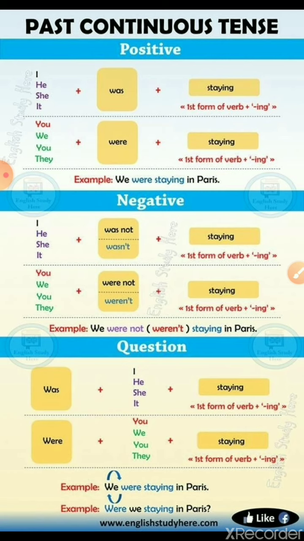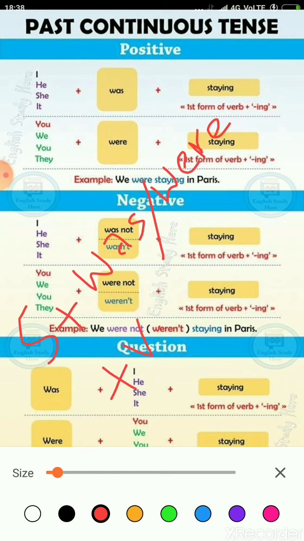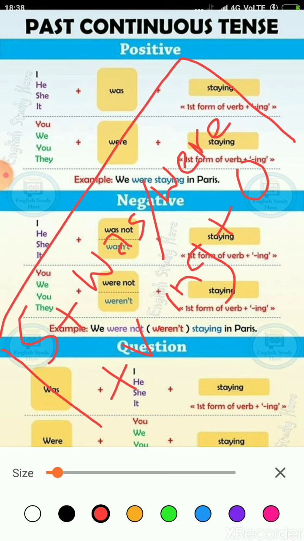The structure is: subject plus was or were plus V-ing plus object. This is the positive form structure. That is the structure of past continuous tense.